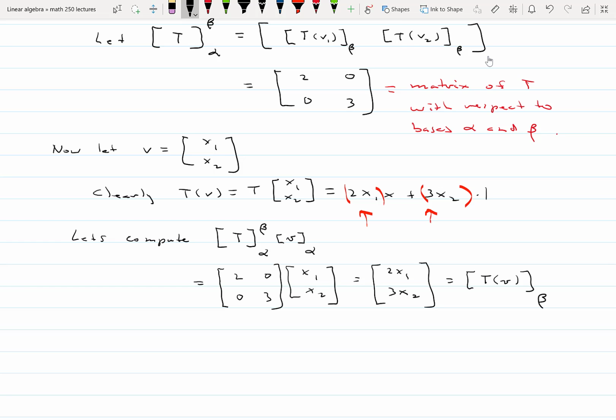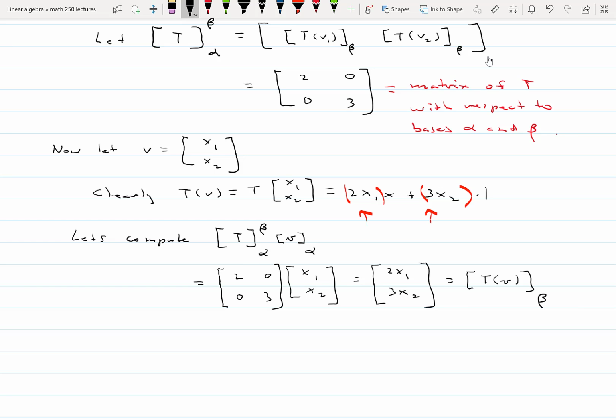Now we're going to start the general definition of this matrix of T with respect to two bases. This is where symbolically it gets a little rough, but the concept is going to be exactly the same as what happened in this last example.